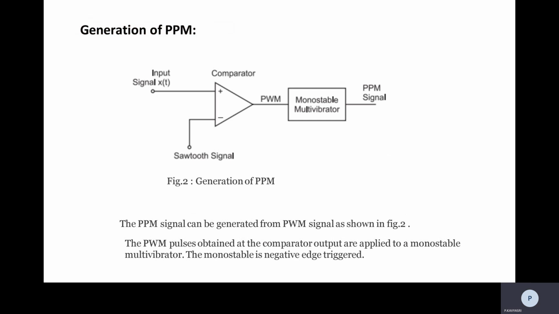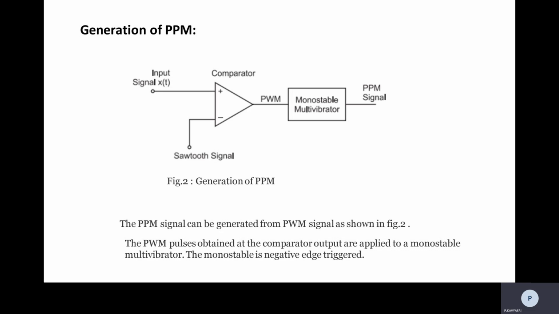Now we will see how a PPM signal is generated. Here we first generate a PWM signal, and then that PWM signal is given to the monostable multivibrator. As I said in the previous class, the PWM signal can be generated by using a comparator. So here we have a comparator. We give the message signal to the non-inverting terminal and a sawtooth signal to the inverting terminal.